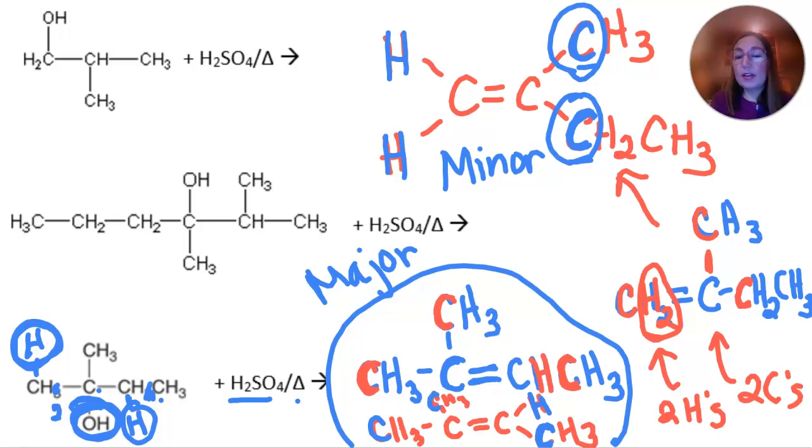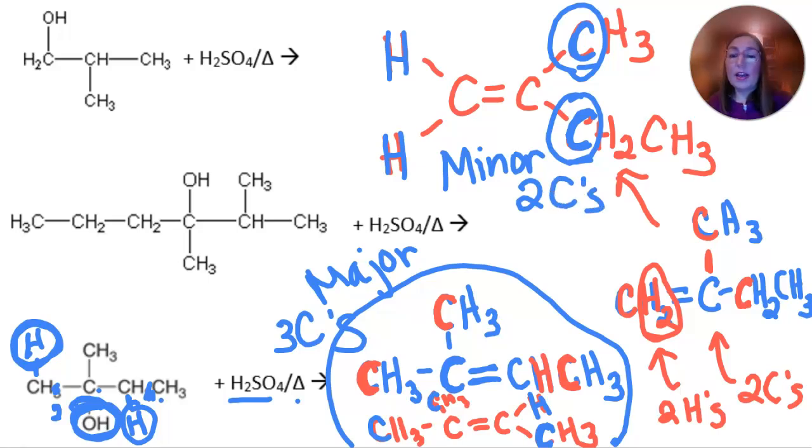So the first carbon of the double bond has two carbons bonded to it. The second carbon of the double bond has one carbon bonded to it. So if you want to look at carbon bonds around the double bond, three carbons in the major product is better than two carbons in the minor product. And that's what we're really looking for. So all that for the last problem to show our major product.